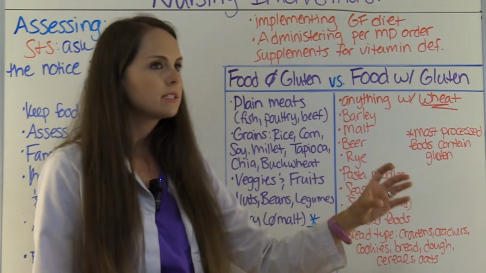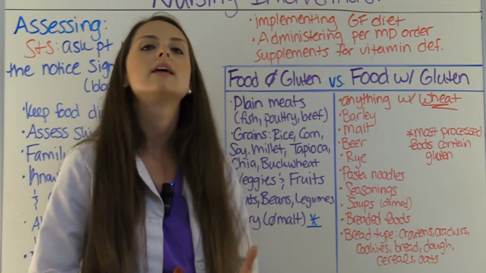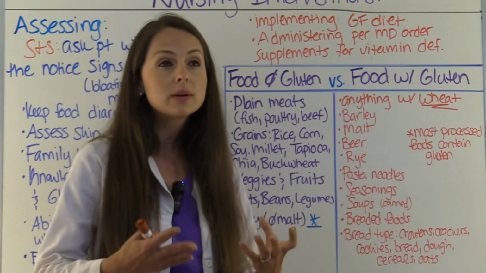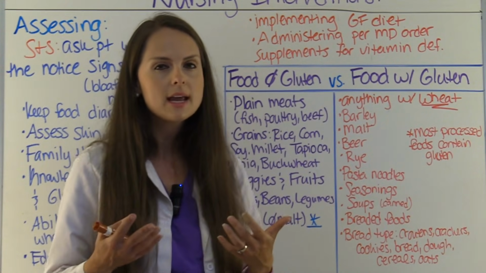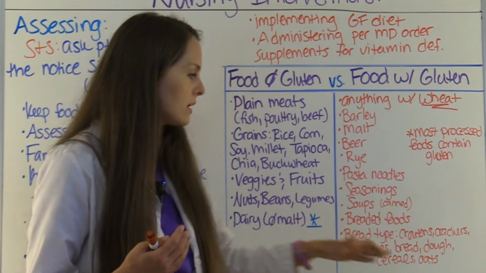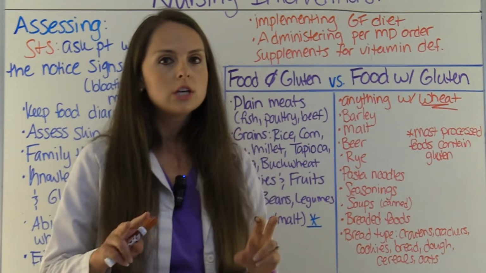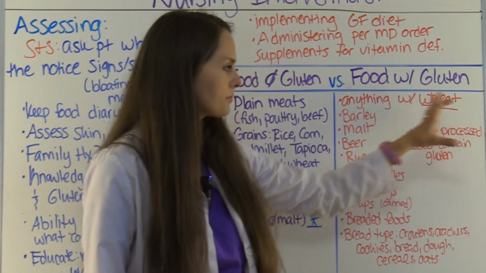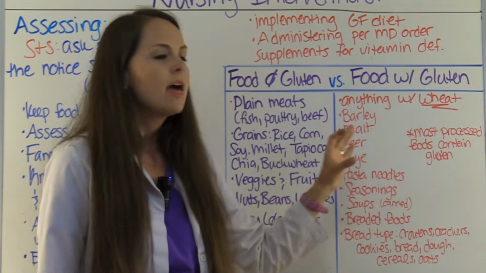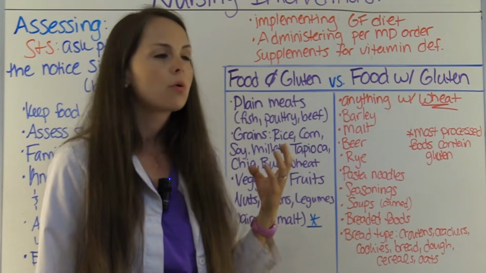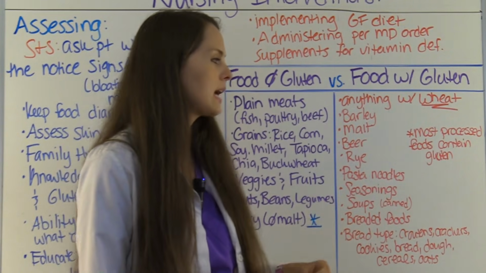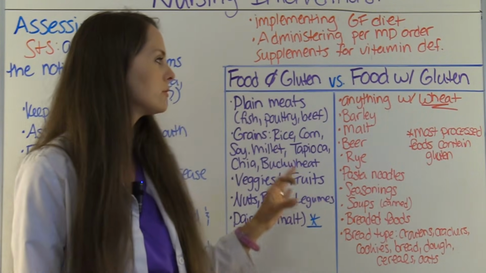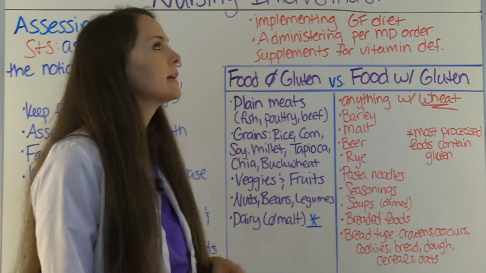Oats themselves really don't contain gluten, but they're processed around items that do contain gluten, so they can become contaminated. So they can eat oats if they're specifically gluten-free oats. So keep that in mind. And really let your patients know that most foods that are just processed probably contain gluten. So always look at those food labels very, very closely.